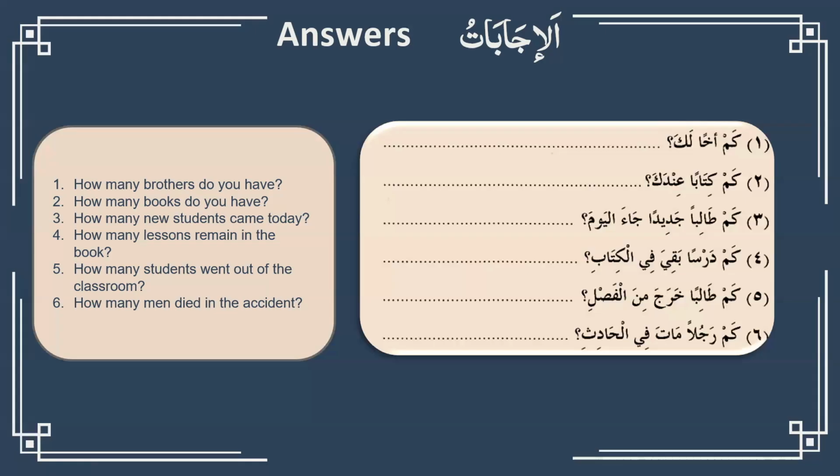Okay, the next one, kam darsan baqiya fil kitabi. So you can just say 2 lessons. The construction is again, you have to say fil kitabi baqiya darsan.